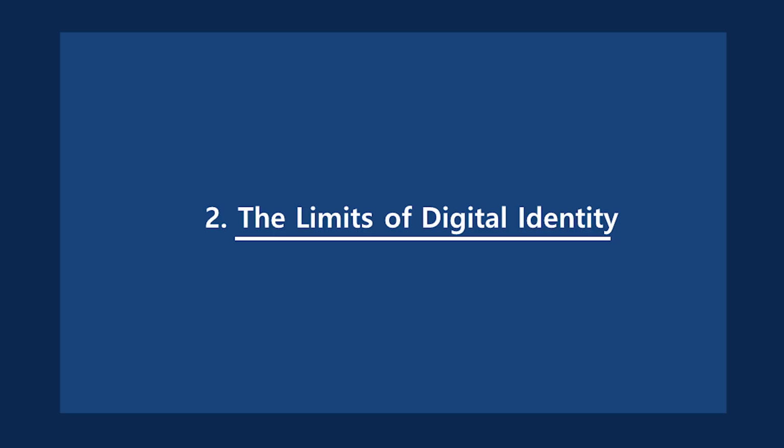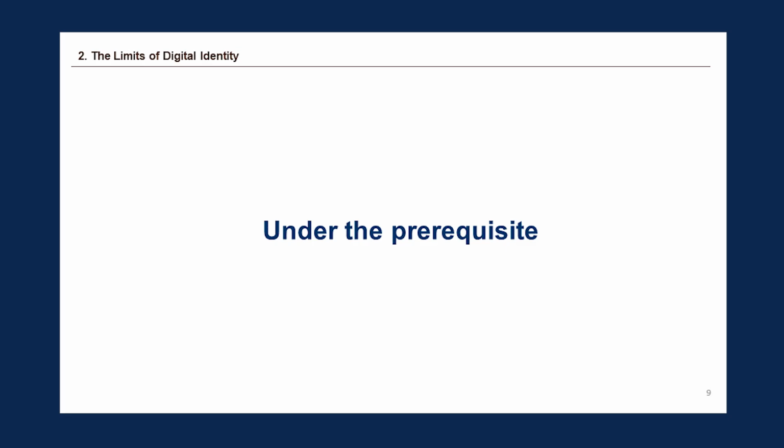But there are limitations. It is designed under a prerequisite: the user has to be connected with an authentic service provider. If digital identity is used only to verify the user, it's not designed to verify the service provider.